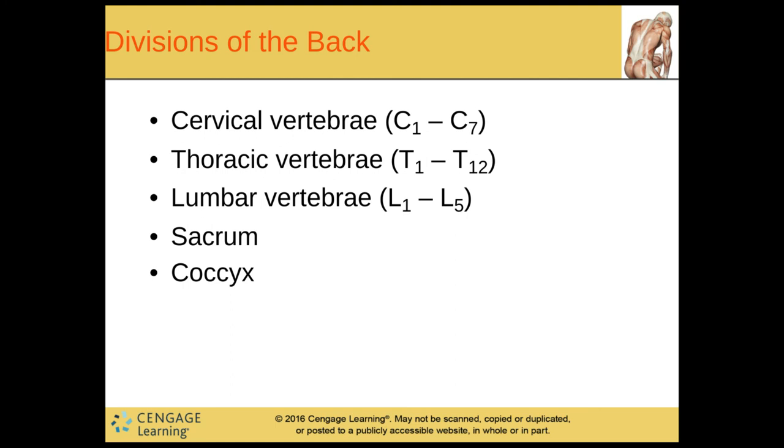You have your thoracic vertebrae, which is the largest part of your spine. That's T1 through T12. And then the lumbar vertebrae. Think of lumbar, think of a lazy boy recliner, right? It has lumbar support. So that's the lower part of your spine. That's L1 through L5. And then we have our sacrum and our coccyx. Our sacrum's kind of like our pelvic bones, right? That type of structure. And then the coccyx is your tailbone.